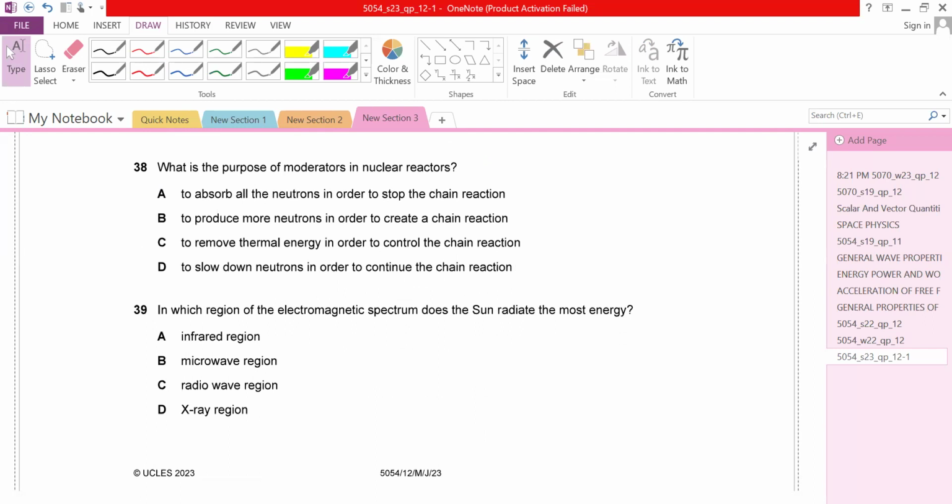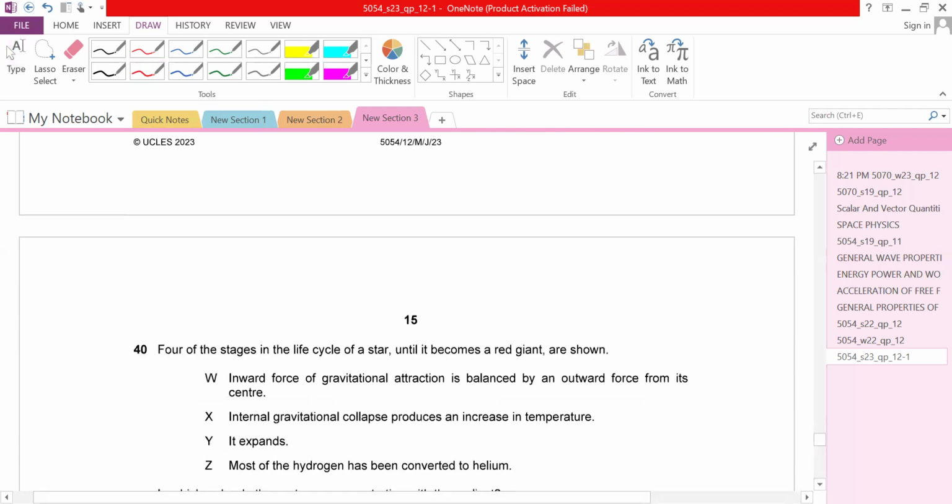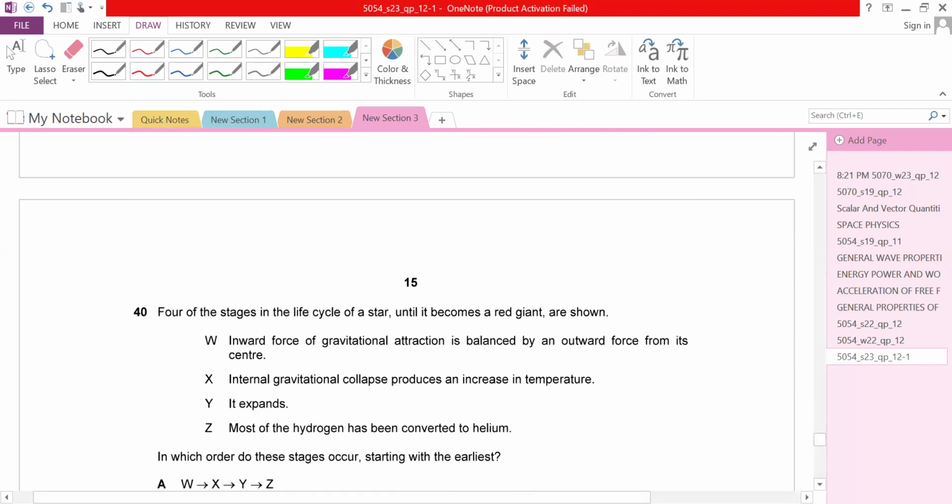The purpose of the moderator is to slow down the neutrons in order to continue the chain reaction. Option D is correct for question number 38. Question number 39. In which region of the electromagnetic spectrum does the sun radiate the most energy? It is the infrared region.